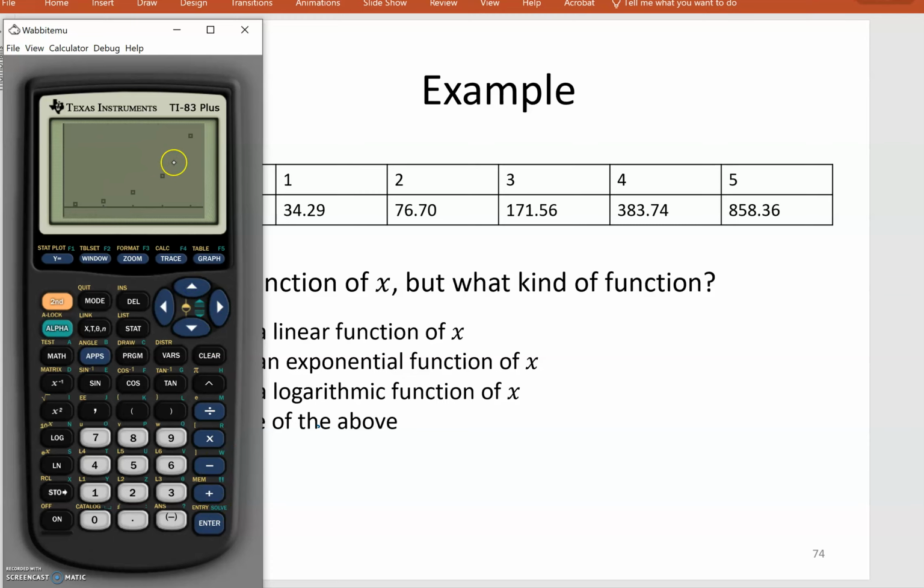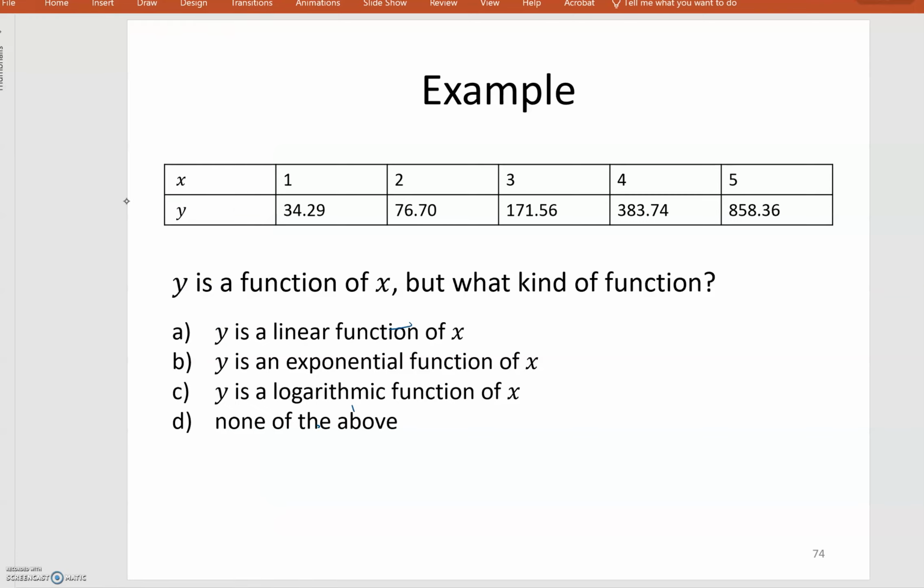With this zoom stat, I can see that this is increasing and concave up. I've got this curve up. So I know this is not linear, and I know it's not logarithmic. So I can rule out these two. And I suspect that this is exponential.